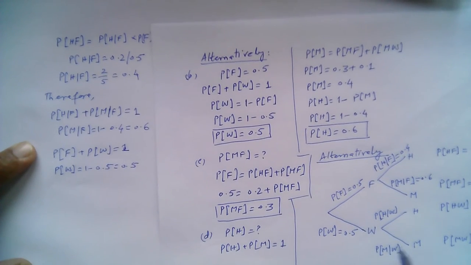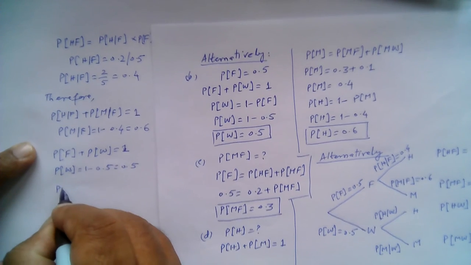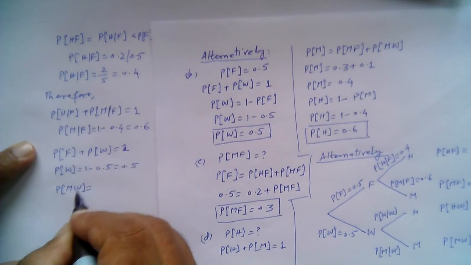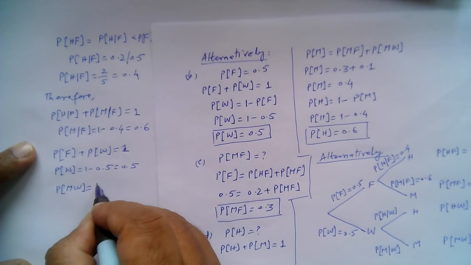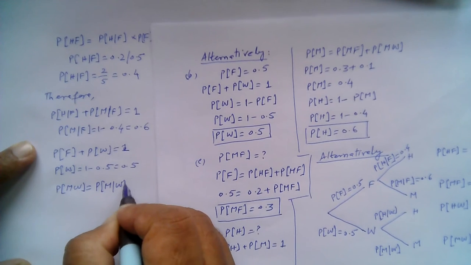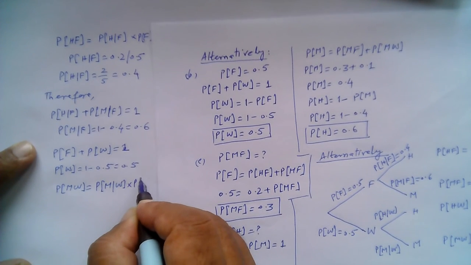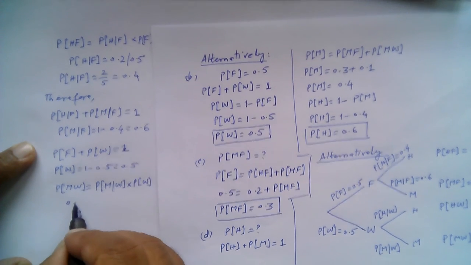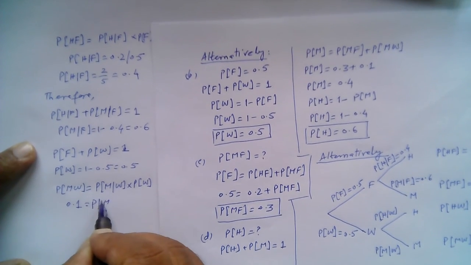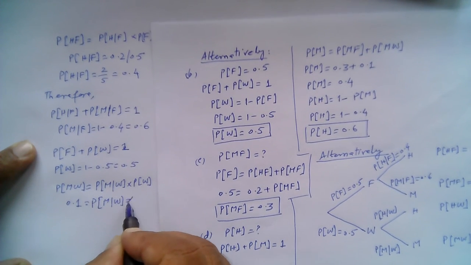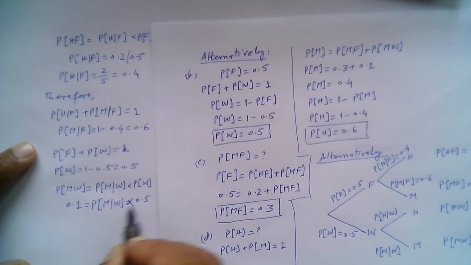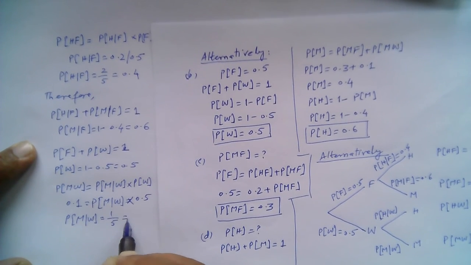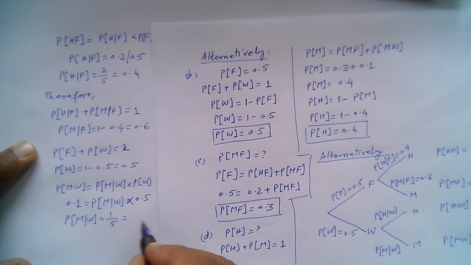So the probability of MW is equal to the probability of M given W multiplied by the probability of W. The probability of MW is given to be 0.1, so the probability of M given W multiplied by 0.5 gives 0.1. So the probability of M given W is 1 over 5, that is 0.2.